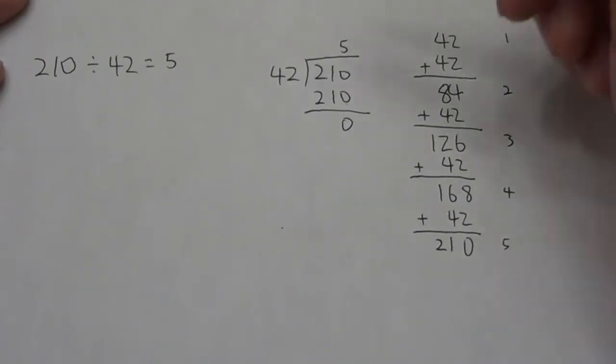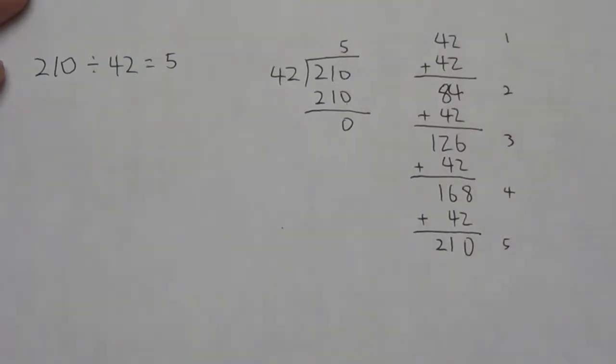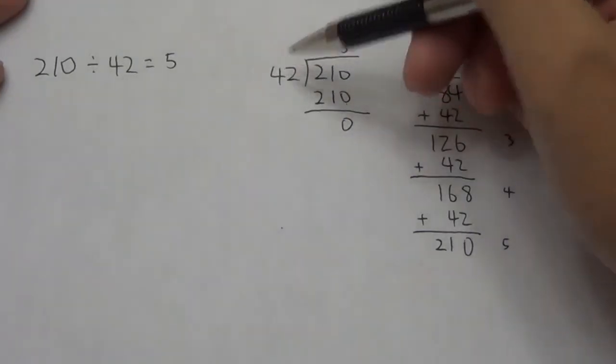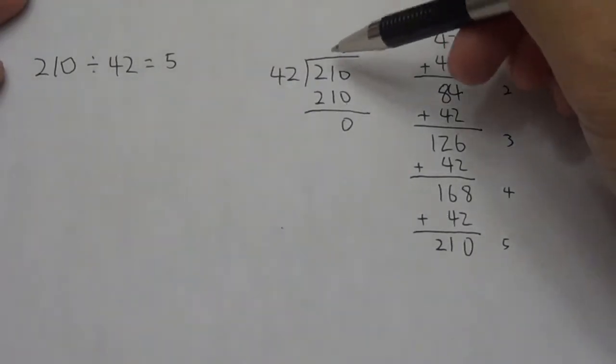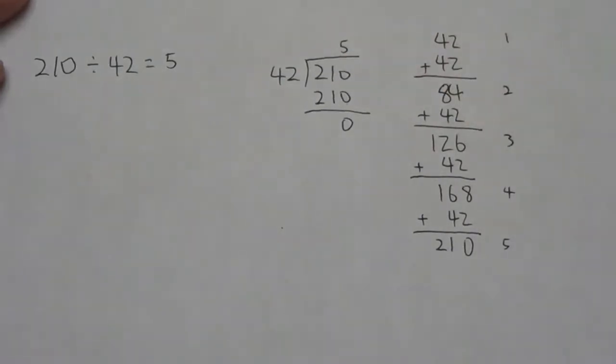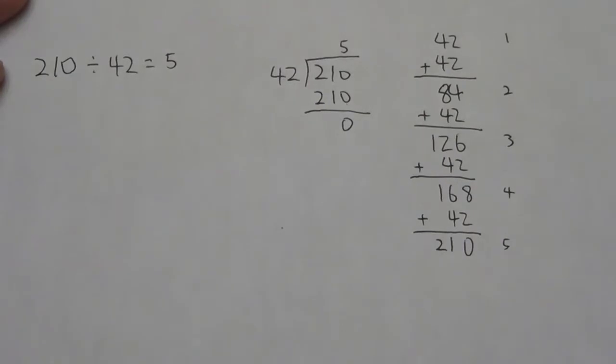So what I mean by estimate, you would round this number to the closest 100. So 210 is close to 200. 42 is close to 40. So 200 divided by 40 would be 5. Right? So it would make sense that 5 should be a pretty close answer. And we know in advance right now that 5 ends up being the answer.